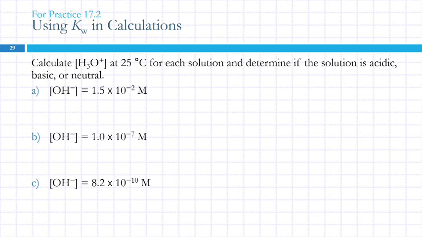Calculate the hydronium ion concentration for each solution, and then determine if it's acidic, basic, or neutral. So we're going to use the equilibrium constant for water to do this.